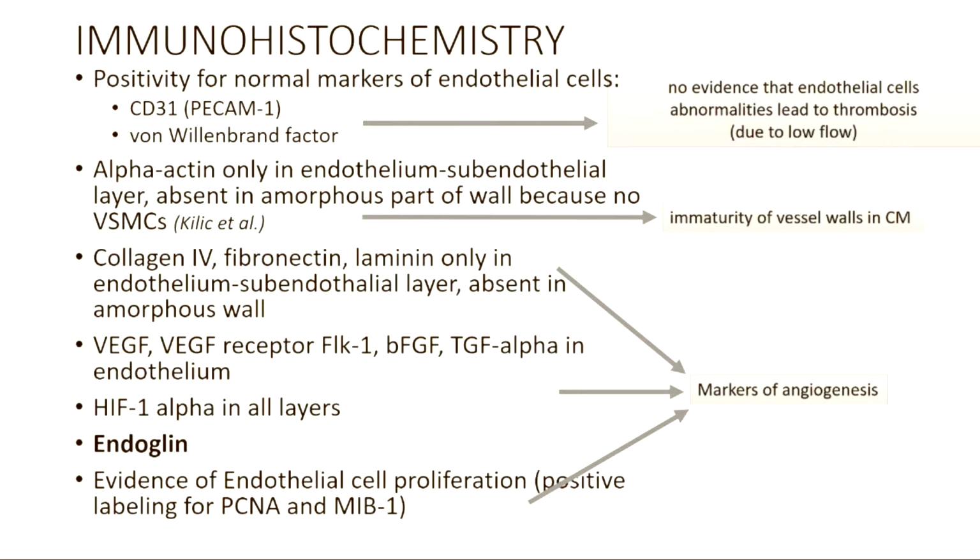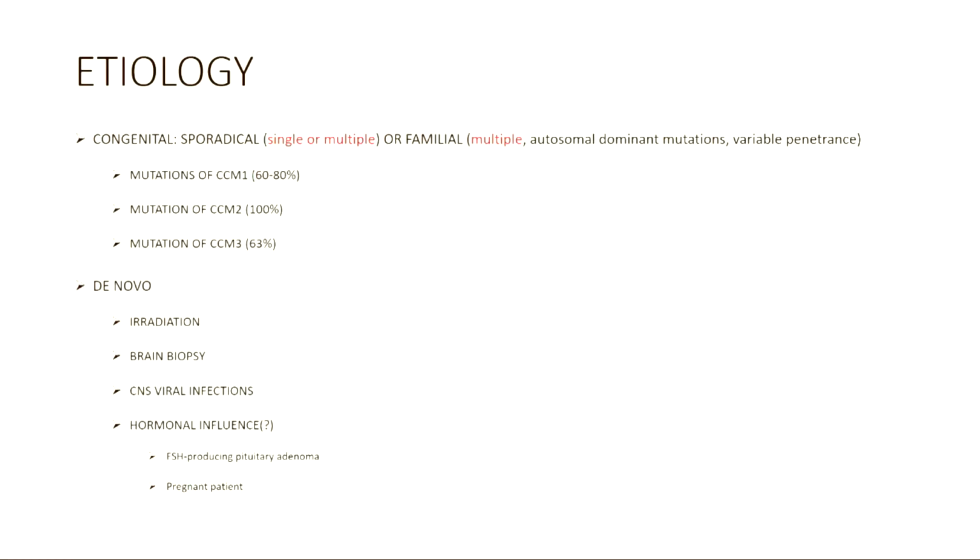Traditionally, these malformations are considered congenital. In this case, they can be sporadic, and sporadic ones can be single or multiple. And generally, when they are multiple, they are associated with a DVA or familial.